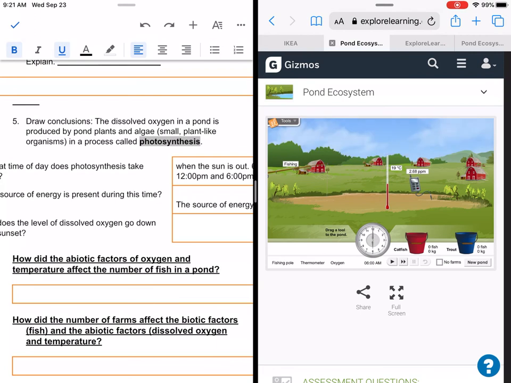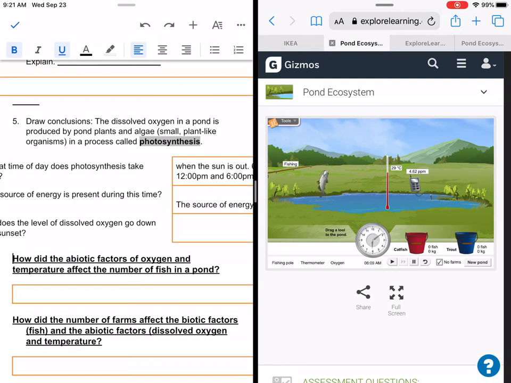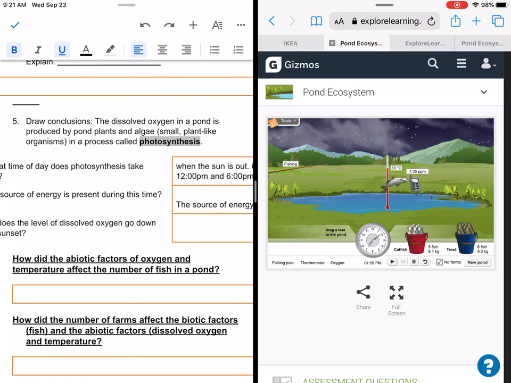I'm going to take this same pond and I'm going to say no farms and run the same experiment and see what happens to my temperature and my dissolved oxygen. So it looks like my temperature and my dissolved oxygen is much higher, and it looks like I caught a lot more fish.